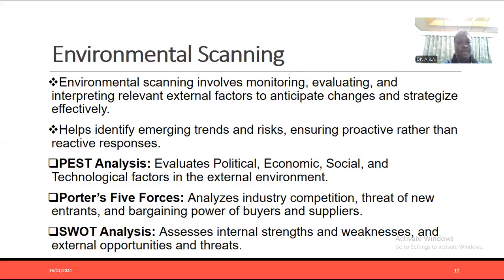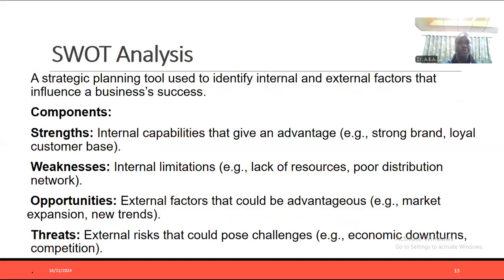And then the SWOT analysis, where you consider the strengths, the weaknesses, the opportunities, and the threats of the business environment, okay? So the SWOT analysis is a strategic planning tool which is used to identify internal and external factors that influence a business's success.